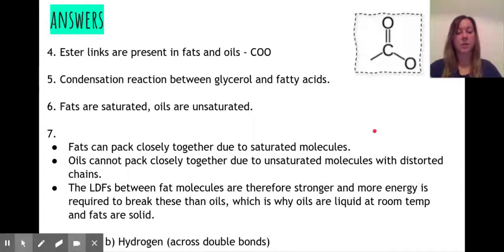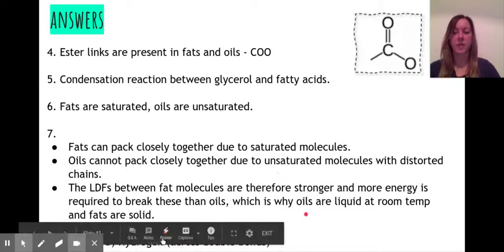Oils cannot pack closely together due to unsaturated molecules with distorted chains. The LDFs between fat molecules are therefore stronger and more energy is required to break these than oils, and that's why oils are liquid at room temperature and fats are solid. All three of those points have to be mentioned for you to gain all of the marks.